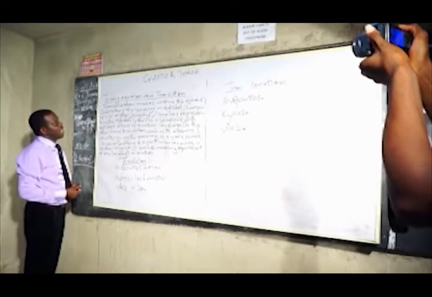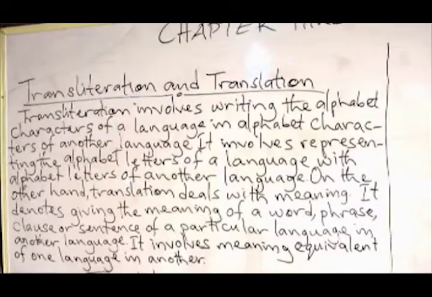Transliteration and translation. These two words are not the same. Transliteration involves writing the alphabet characters of a language in the alphabet characters of another language. It involves representing the alphabet letters of a language with alphabet letters of another language.